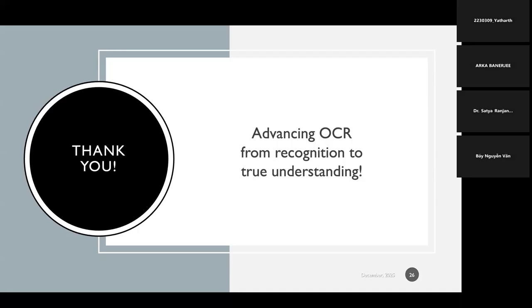We believe this technology advances OCR from simple recognition, just matching pixel patterns, to true visual understanding. This shift is what will finally allow us to unlock the valuable data hidden in millions of medical records around the world. I hope you found this topic as exciting as we do. And so I'm now happy to answer any questions you may have.